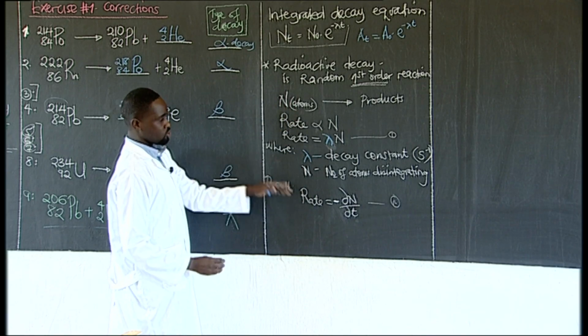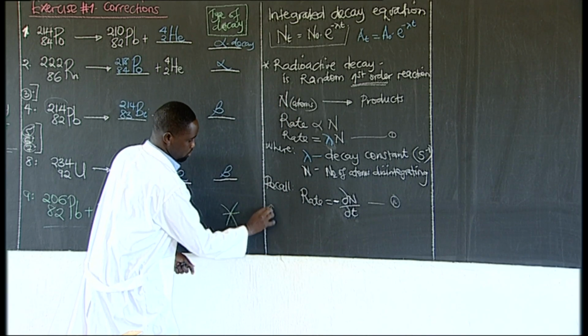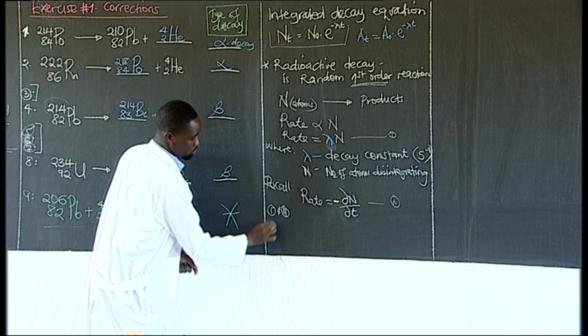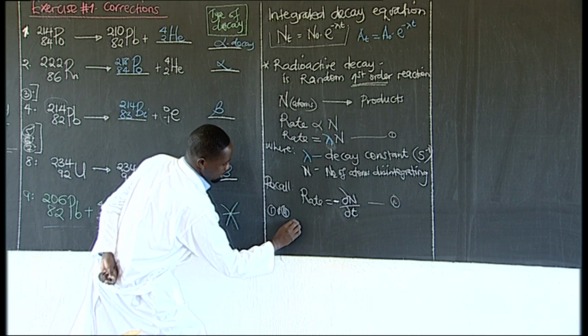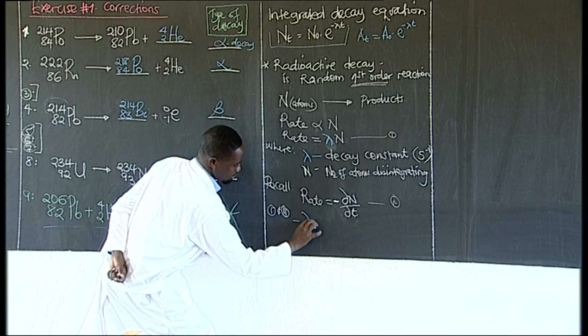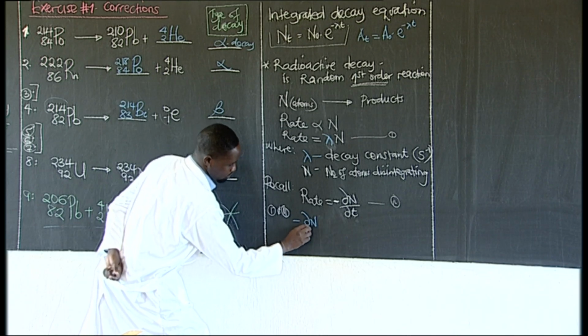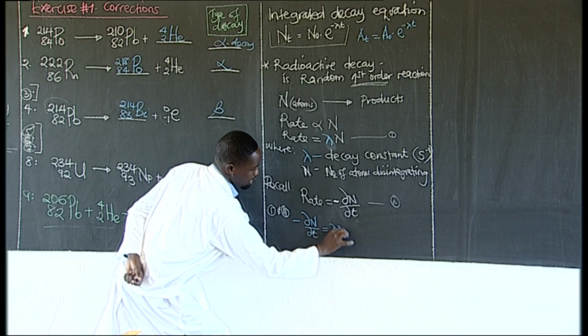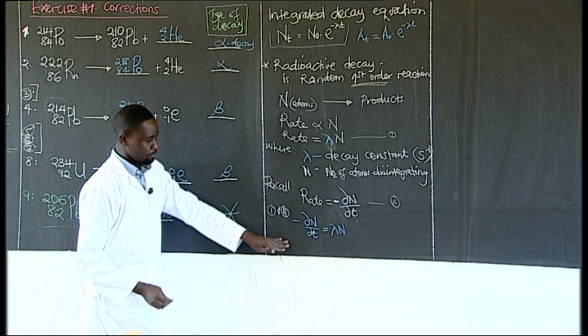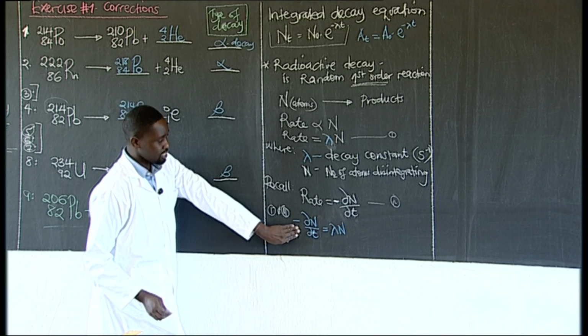Can we equate these two? Equating equations 1 and 2, you will find we have negative change in N with change in time equaling lambda N. The next step is to separate the variables.